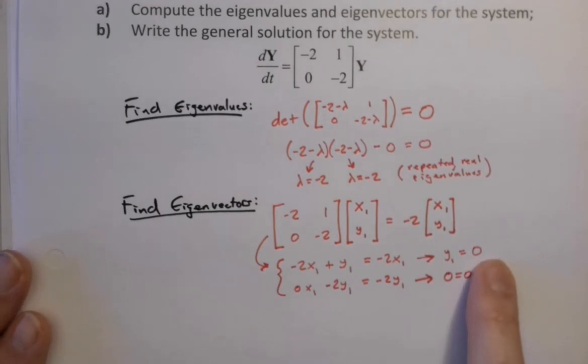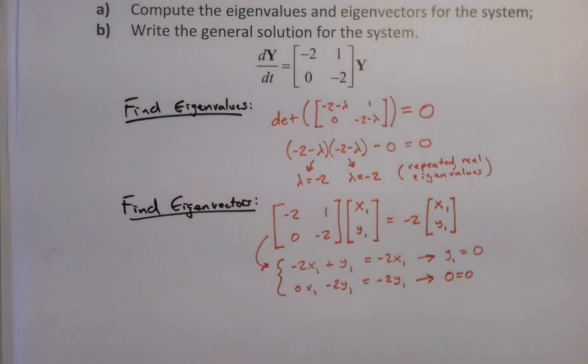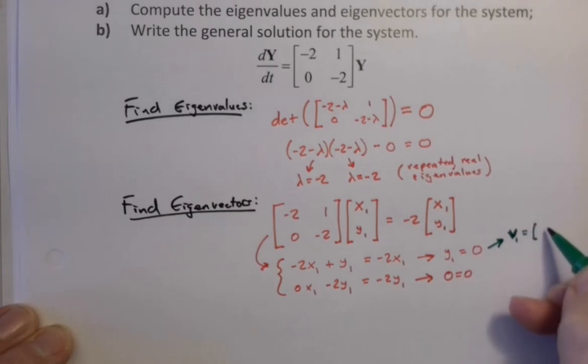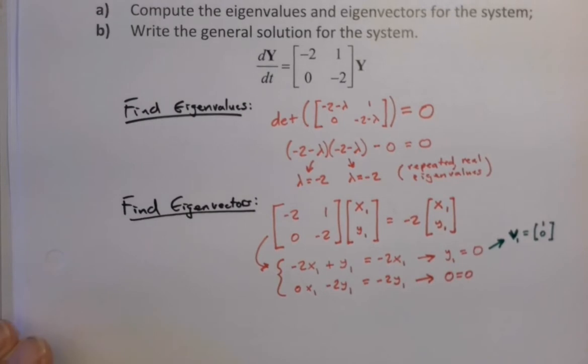And so this top equation tells us something specific. This top equation tells us that we do have an eigenvector that looks like this. Whatever you pick for x, y is always going to be equal to 0. But the bottom equation doesn't tell us anything. The top equation is telling us, oh, the x-axis must be one of your straight line solutions.